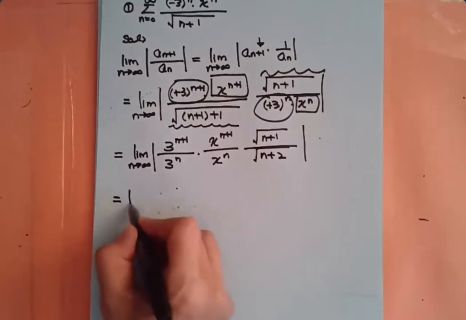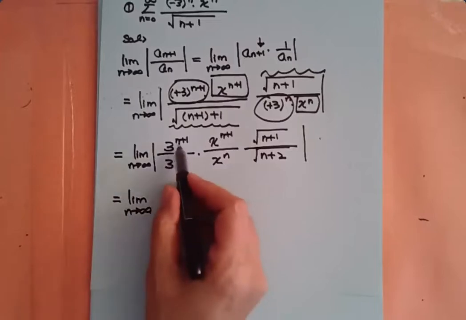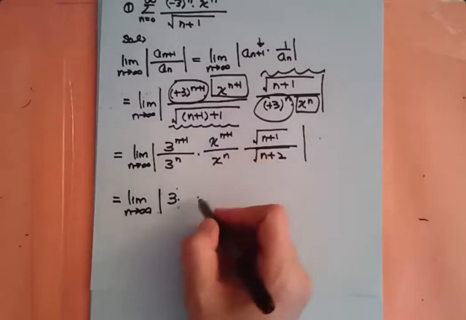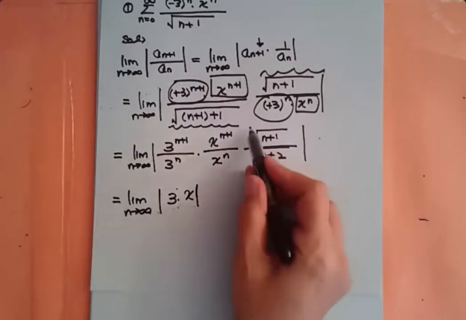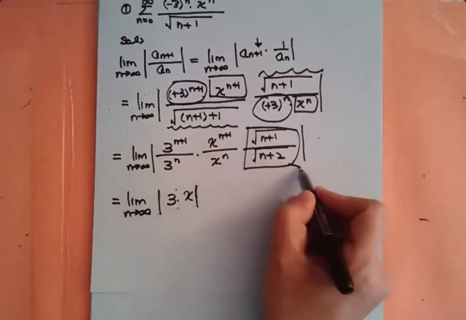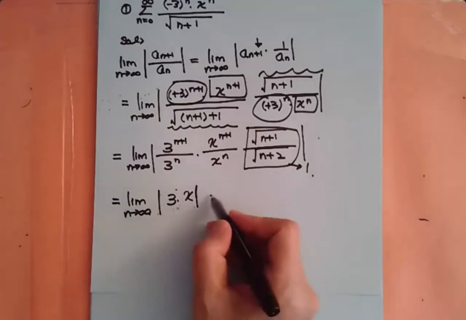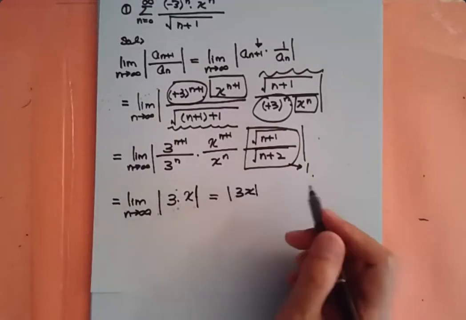So that is limit n goes to infinity. N plus 1 minus n will make 1, right? 3 to the 1 power, 3 times x. And we notice that the square root part will go to 1. So that is the absolute value of 3 times x.